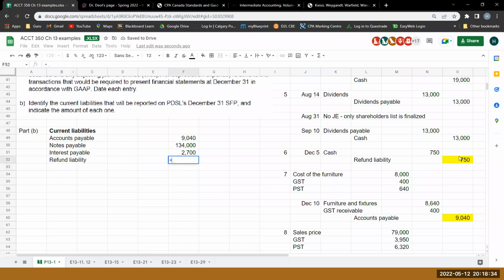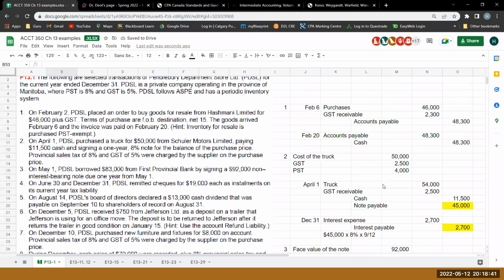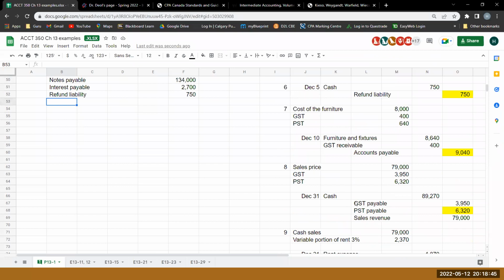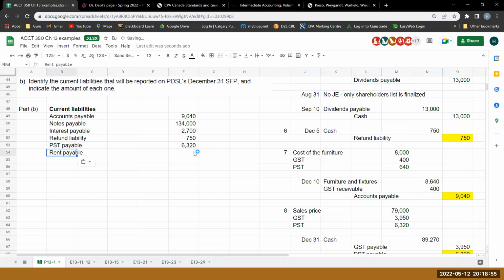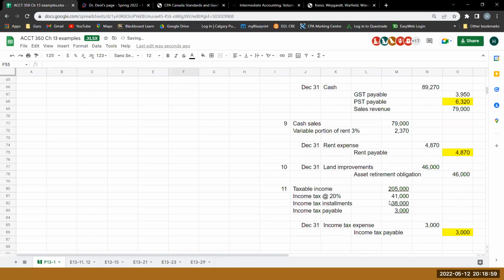And refund liability is $750. And then what else do I have? That's gone. PST payable, that's 6,320. Got a rent payable, 4,870.